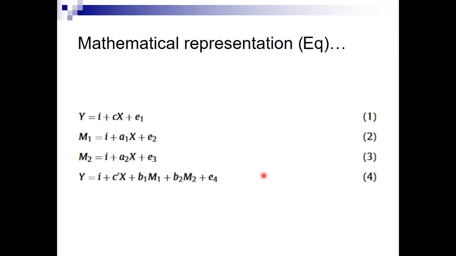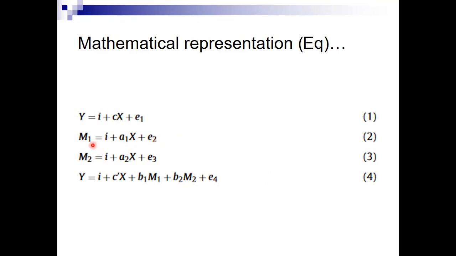Of course, this is your independent variable. That's the first link. And then for mediator 1, I simply means the constant value in a regression equation, okay? So I plus alpha 1 X plus error 2. So that will be mediation 1.